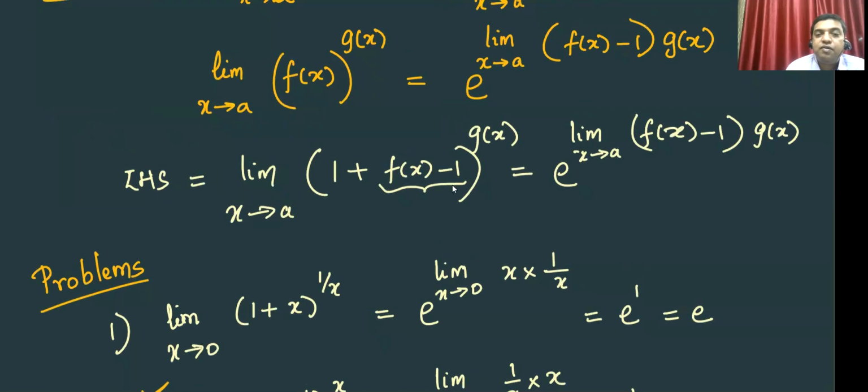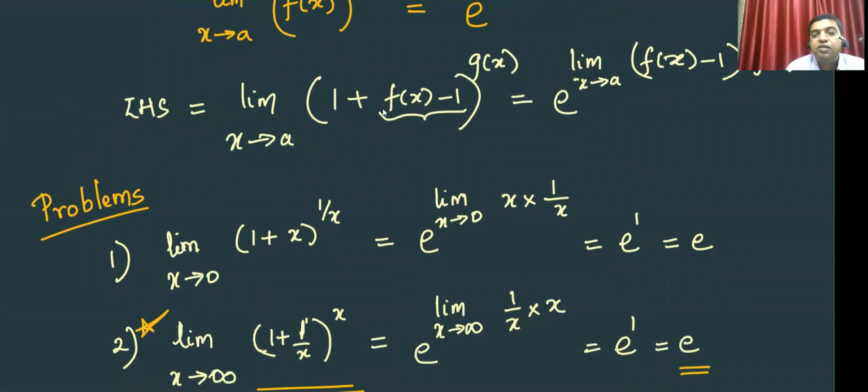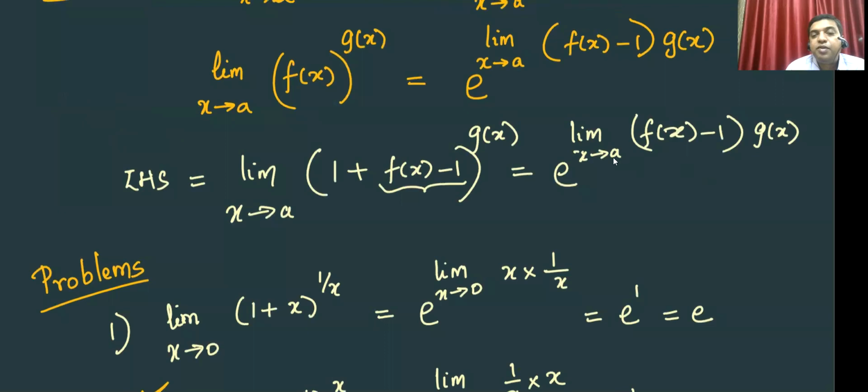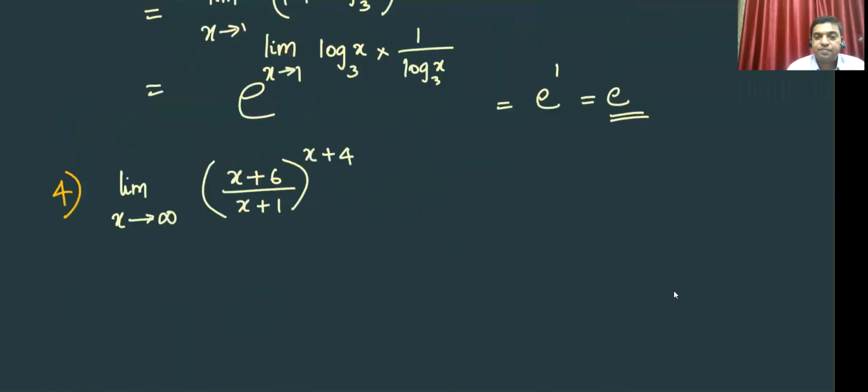1 plus f of x minus 1, because f of x is tending to 1. So the limit will be limit x tends to a, f of x minus 1 into g of x.